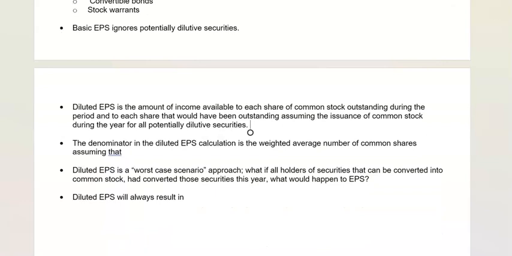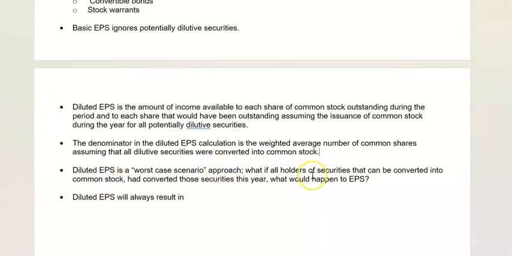Again, the denominator in the diluted earnings per share calculation is the weighted average number of common shares. Assuming, even though this didn't really happen, that all dilutive securities were converted into common stock during the year. It didn't actually happen, but we said, what if that happened? Diluted earnings per share is a worst case scenario approach.